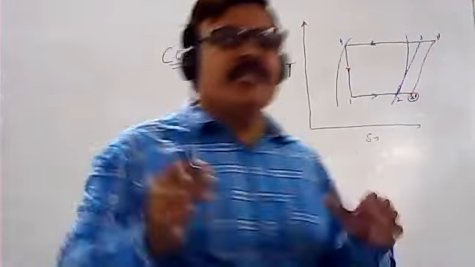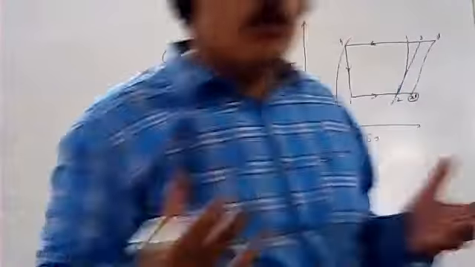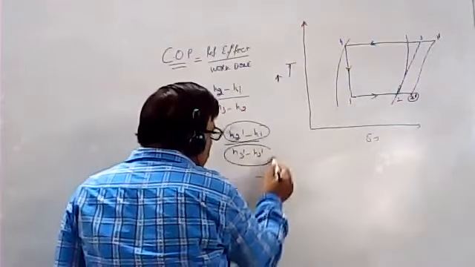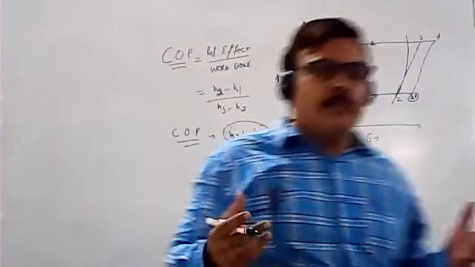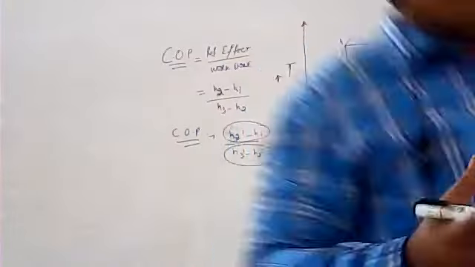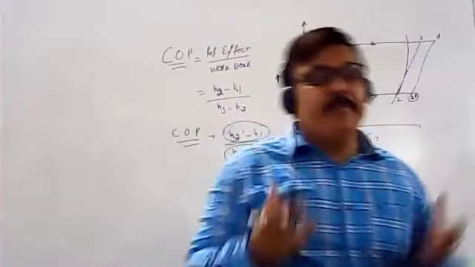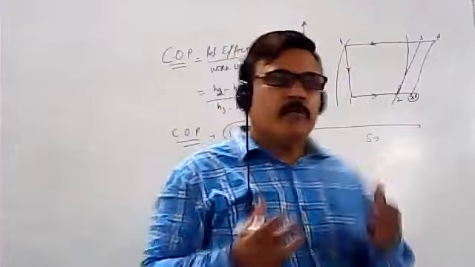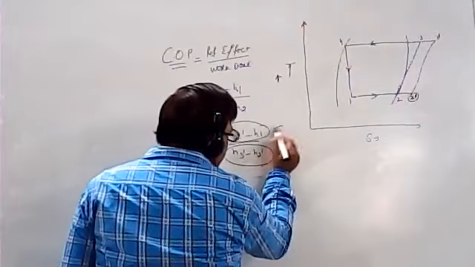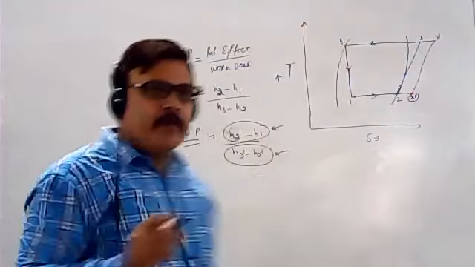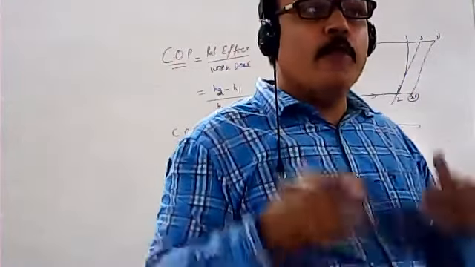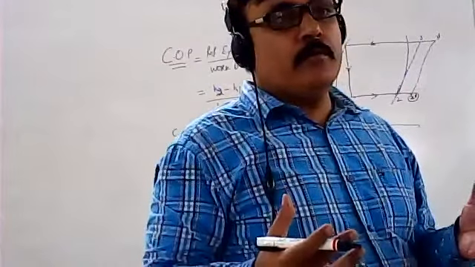But this refrigeration effect will get increased on account of the increase in your compressor work. Compressor work is also increased because it has to work on higher pressure and temperature because it has to compress superheated vapor. Okay, that means your compressor work also gets increased in this case, and refrigeration effect will also get increased. So this refrigeration effect will increase on account of higher work done by your compressor.